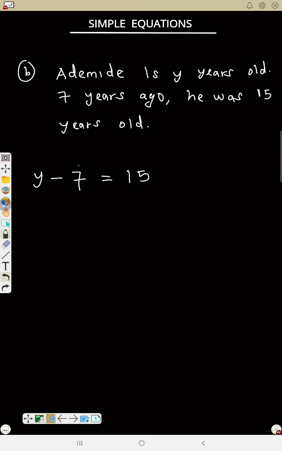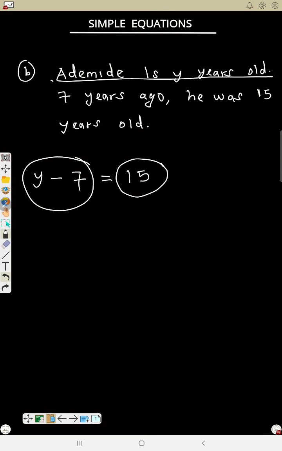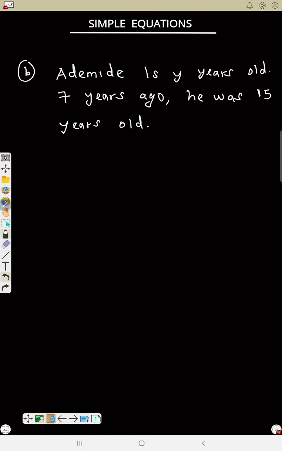So let's see that again. Ademide is y years old. 7 years ago, remove 7 from his age. He was 15, so it's equals to 15. So we have interpreted that equation like that.